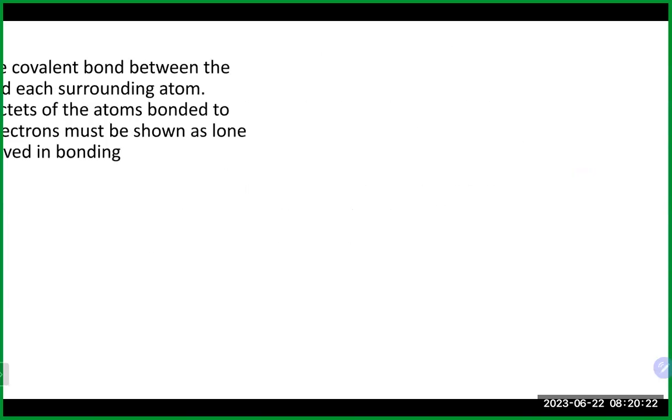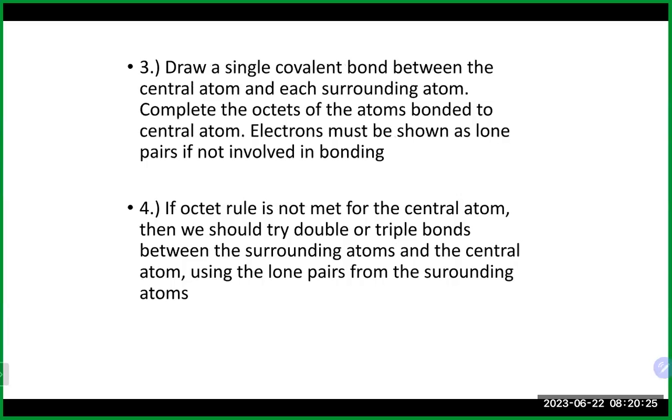The next thing to do, once you have the arrangement and the total number of valence electrons, is for the most part to make one single bond from the center atom to each of the outside atoms. Once again, you don't want to double bond or triple bond out of the box.